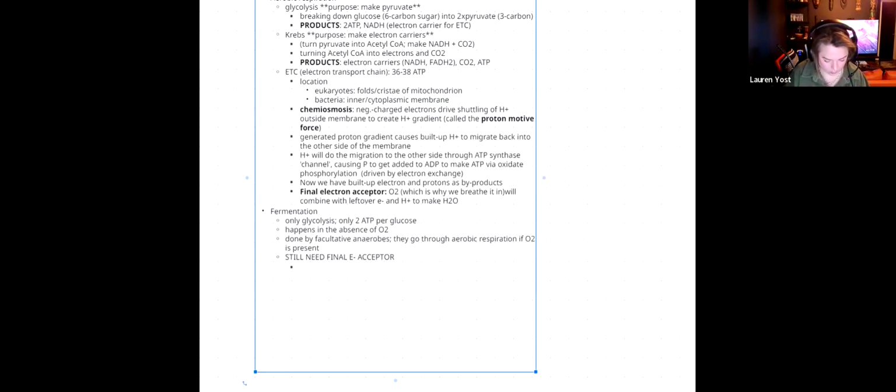Oxygenic photosynthesis. Only in some photosynthesis.